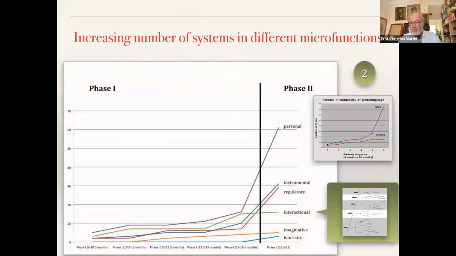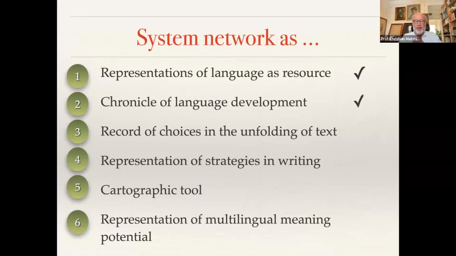And this way we can view and chronicle, record, the expansion of the proto-linguistic phase 1 resources as the child is about to embark on phase 2. You can see there are expansions in different areas, but the child then begins to, as it were, transform the proto-language into the model spoken around her or him. So that was number 2, the chronicling of language development.